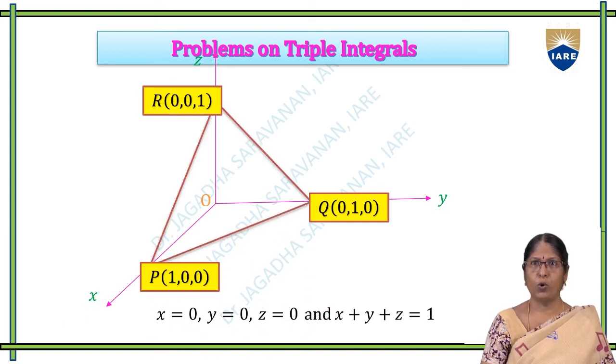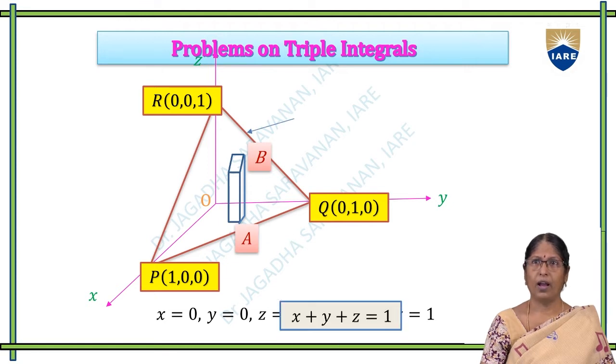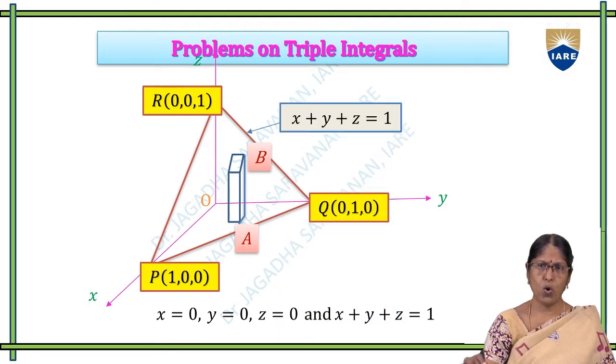We are joining the points. And there is a vertical strip. The strip name is AB. And overall, this completes the 3 dimension, which is given as the equation x plus y plus z equal to 1.